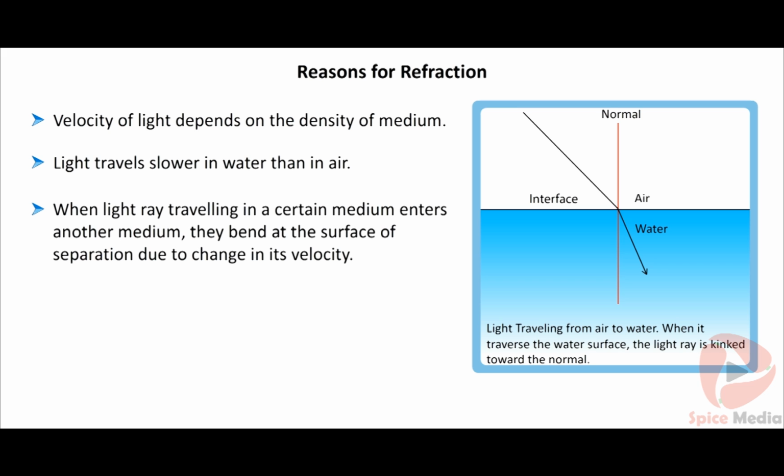When a light ray traveling in a certain medium enters another medium, it bends at the surface of separation due to change in its velocity. That is, the velocity reduces when the light enters from a rarer medium to a denser medium. See this animation to know more.